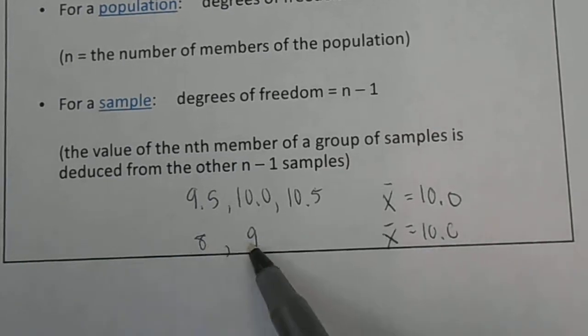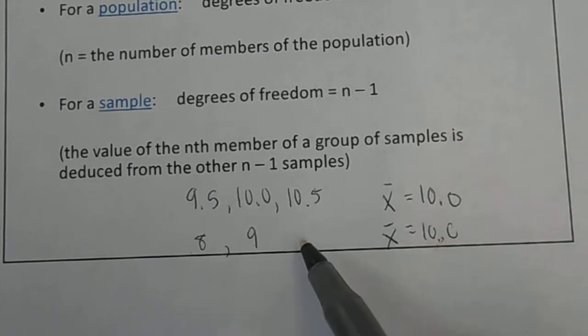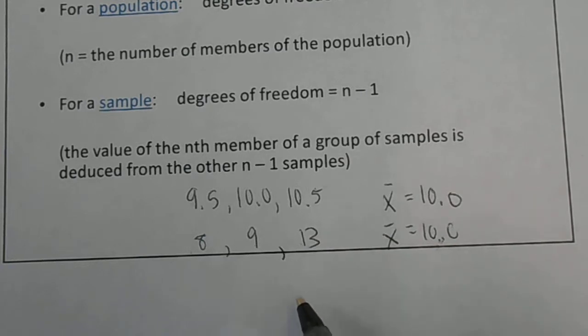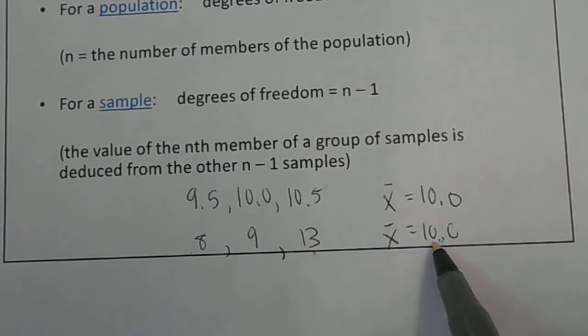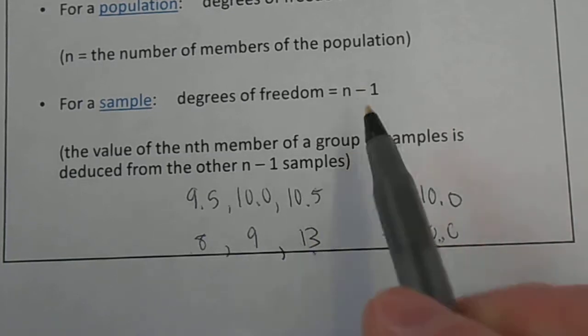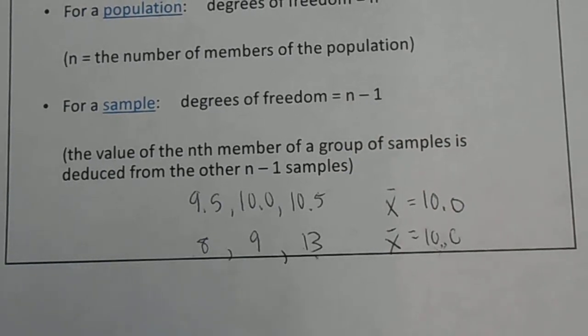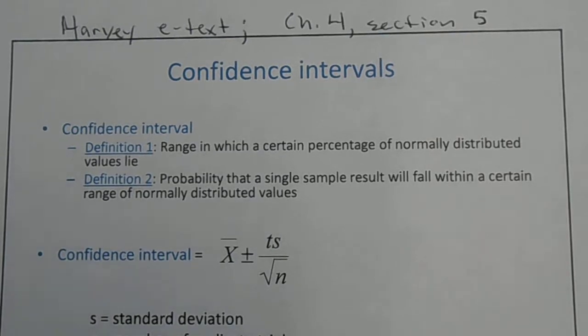These two are free to vary, but in order to get this same value of 10, this third value would be restricted to whatever value would average up to 10, which in this case would be 13. So if all the other values are free to vary, that last value is always restricted in order to come up with that mean on which these are dependent. So our degrees of freedom for a sample set is always 1 less than the total number of samples that we measure.